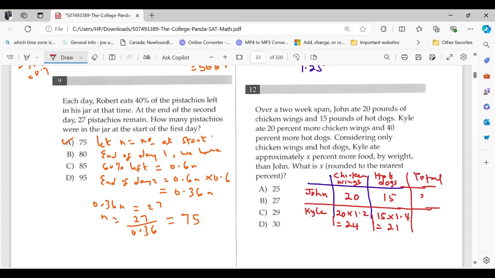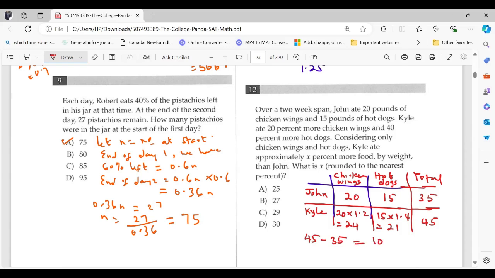John has 35 here, and Kelly has 45 here. So you can see that Kelly ate more: 45 minus 35 gives us 10 more.